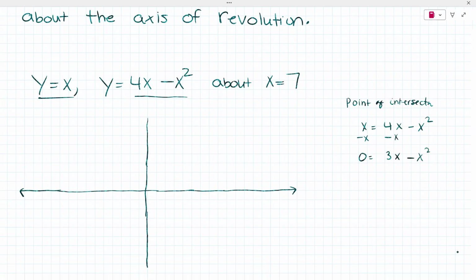And then let's solve for x. So maybe I could take out an x. So this would be 3 minus x. And then when you solve for x, you should get x equals 0. And then when you set 3 minus x equal to 0 and solve for x, you should get x equals 3.